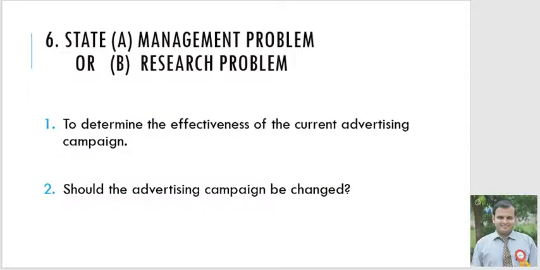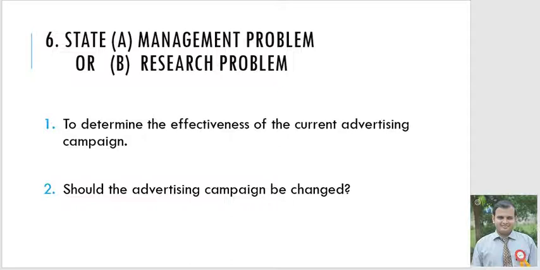Next, we are supposed to state if the statement is a management problem or a research problem. Statement 1 was to determine the effectiveness of the current advertising campaign. It is a research problem. Answer is B, research problem.